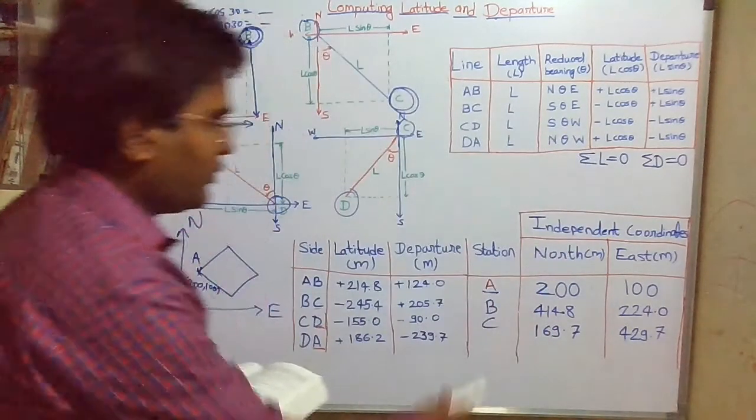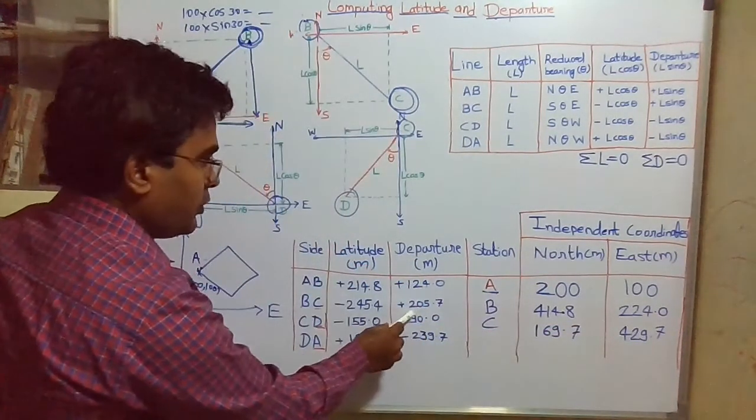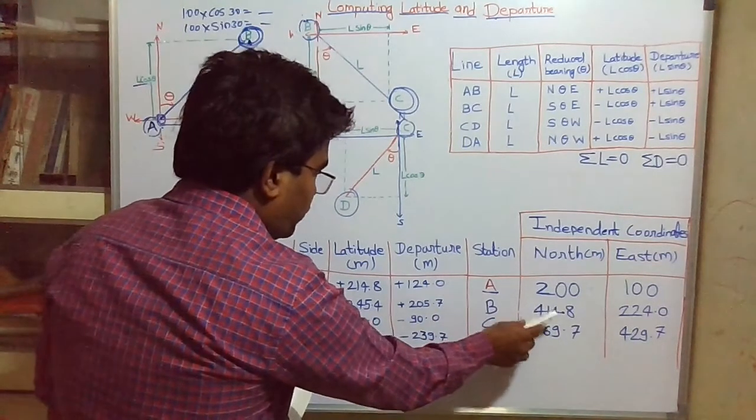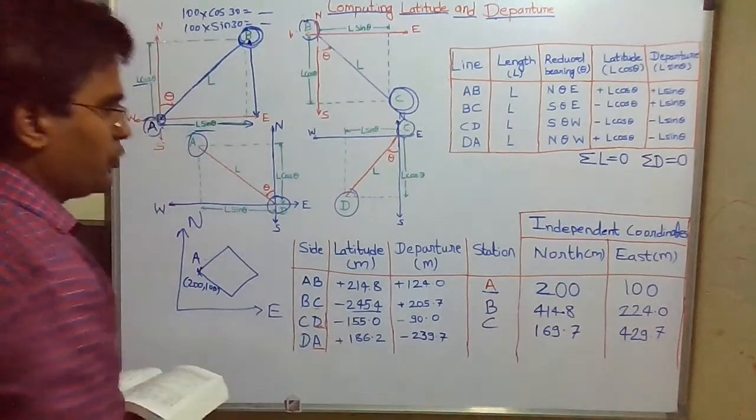How did we get this value? By adding 224 plus 205.7, and 414 minus 245.4. That is the position of point C.